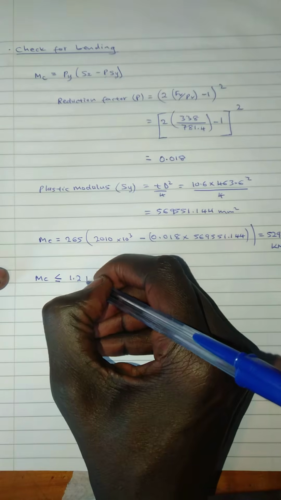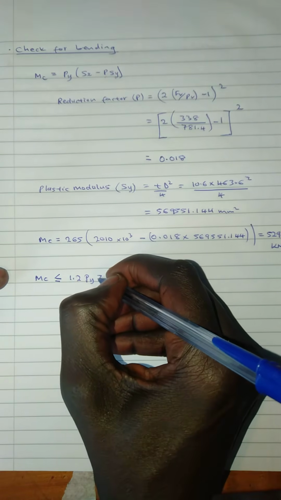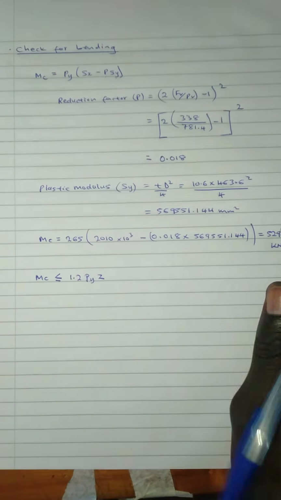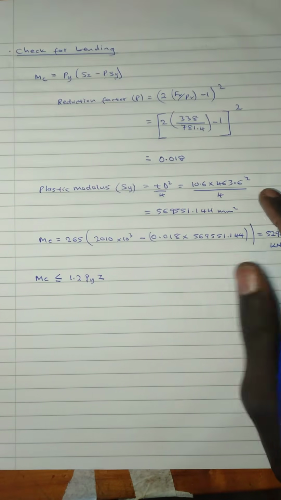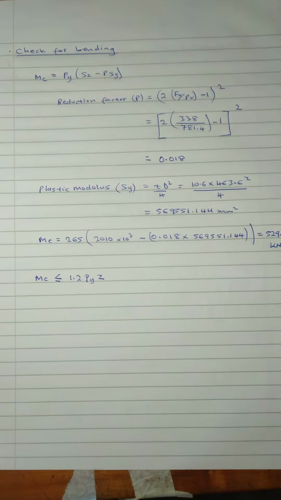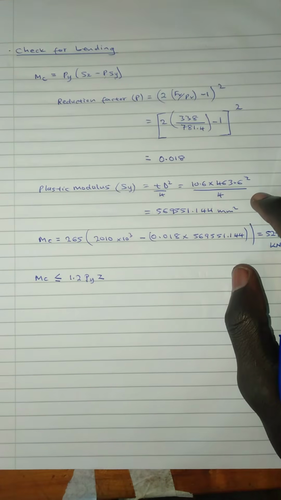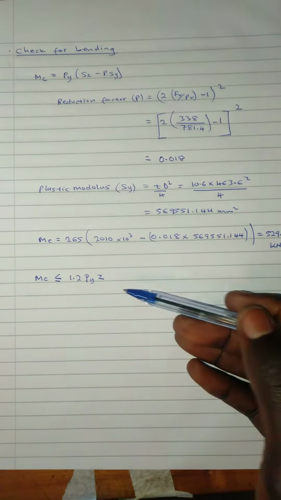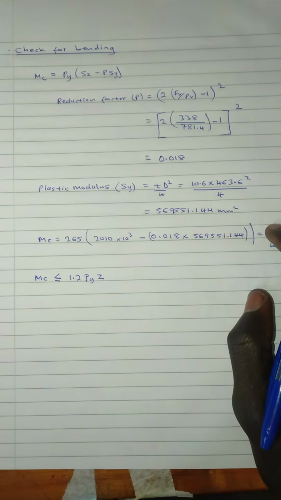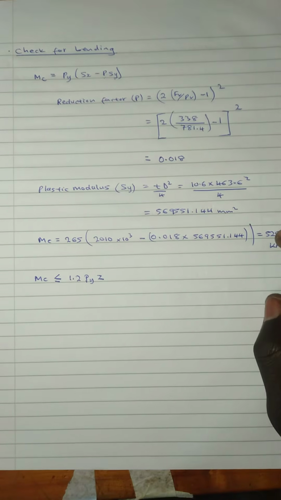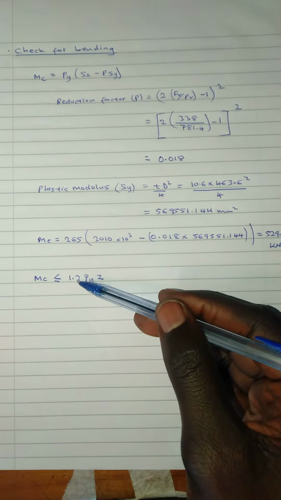Now let's compare this. MC should be less than or equal to 1.2 PyZ. We use this if our section is a cantilever or simply supported. For other members, other beams or supports, like if it is overhanging, we will use 1.5 instead of 1.2.